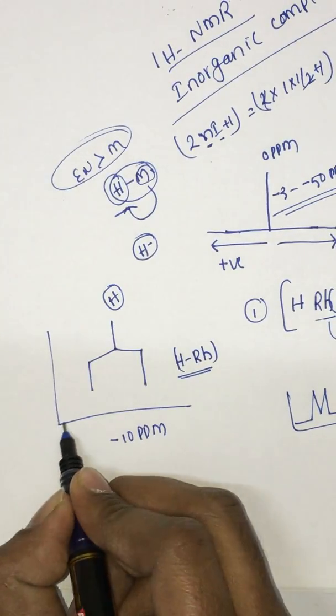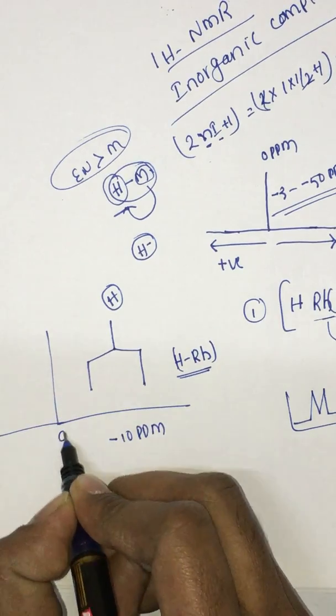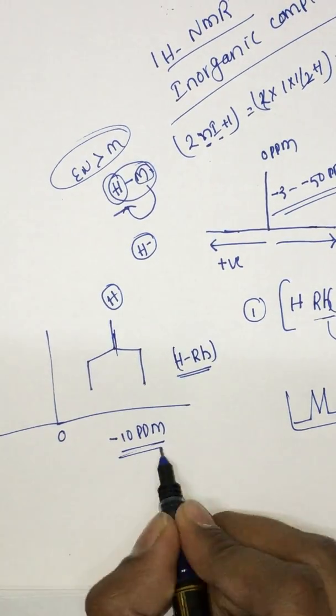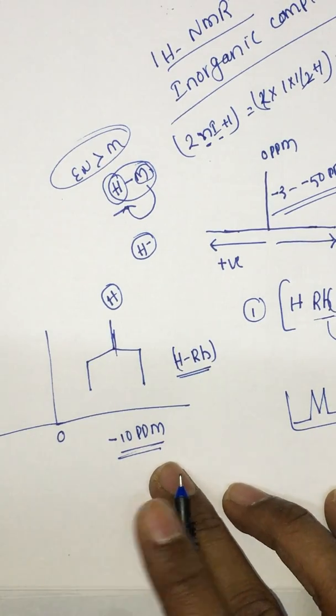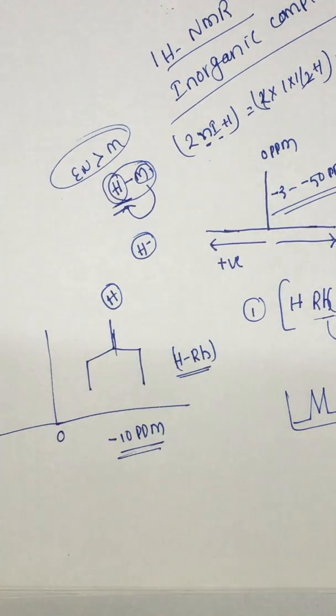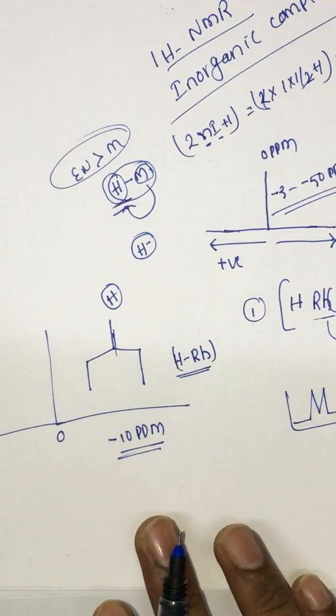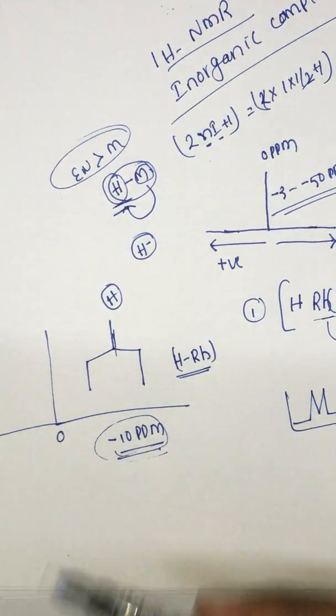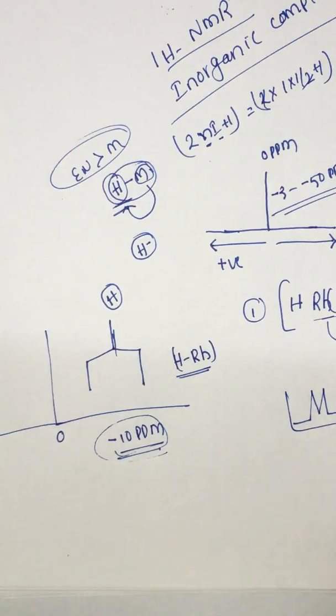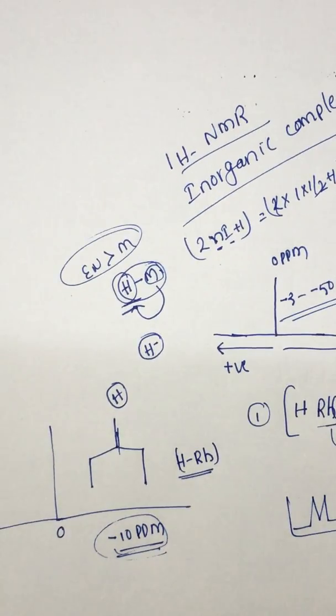From here we can conclude that hydrogen is directly attached to the metal. Wherever you get the hydrogen chemical shift value in the negative region, we can conclude that hydrogen is directly attached to the metal. And we'll see the next example.